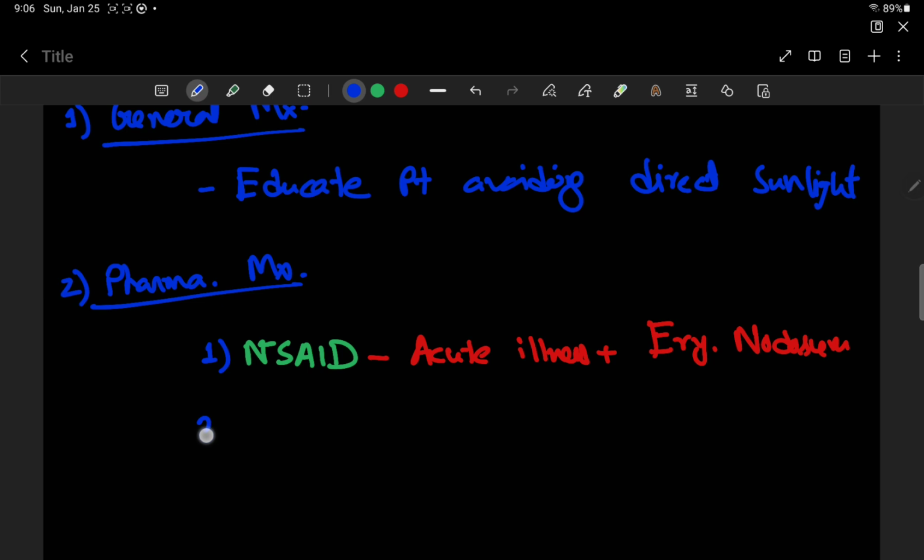Secondly, we may use with that a short course of steroid, or specifically glucocorticoid.